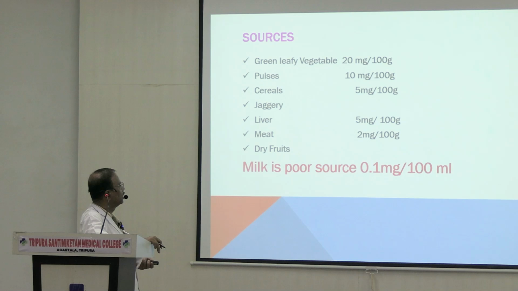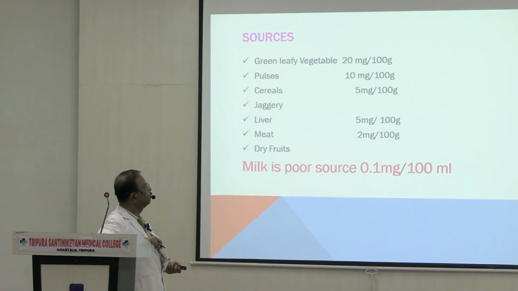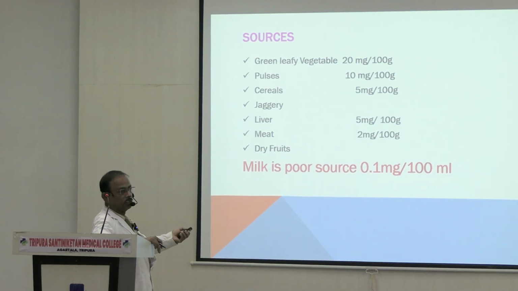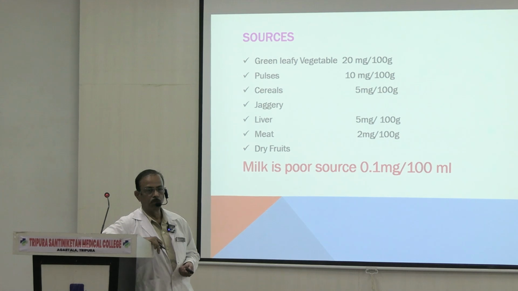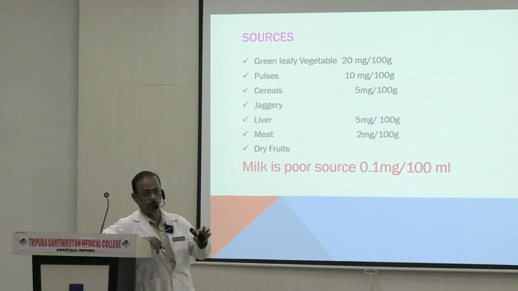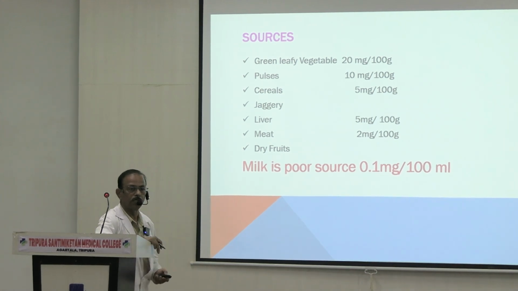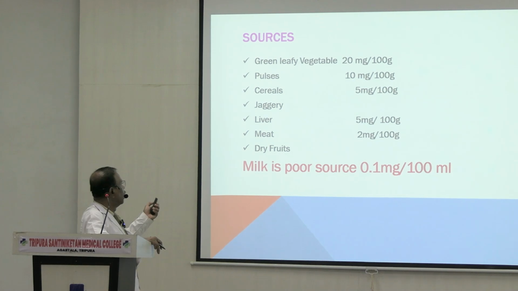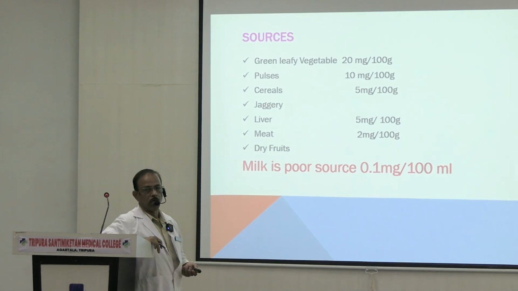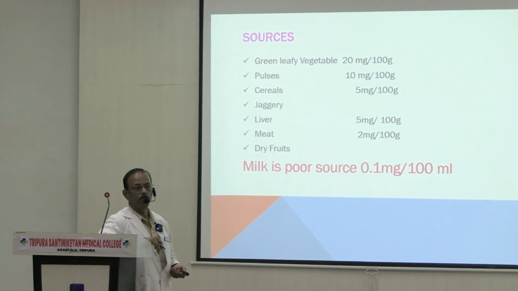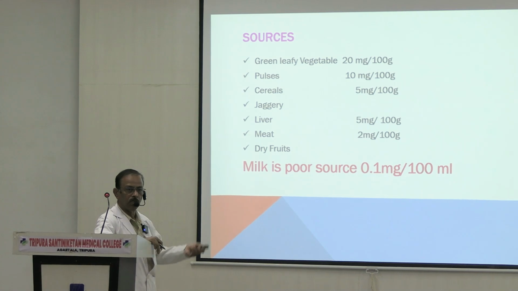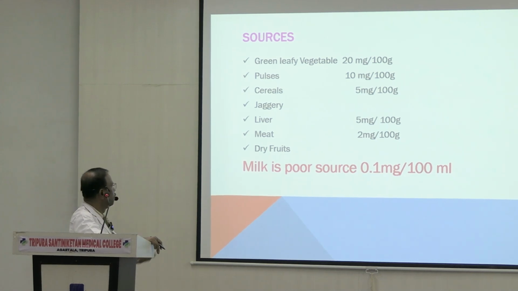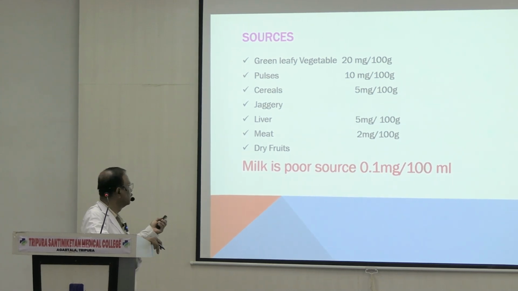In cereals, it is about 5 milligram per 100 gram. Jaggery is a good source of iron because this is made in the iron vessel. So iron component of jaggery is very high. Liver contains 5 milligram of iron per 100 gram of liver tissue. Meat, 2 milligram per 100 gram.